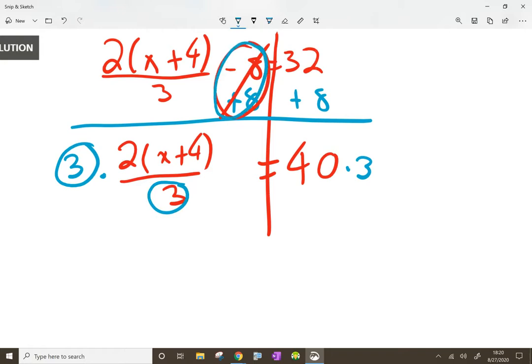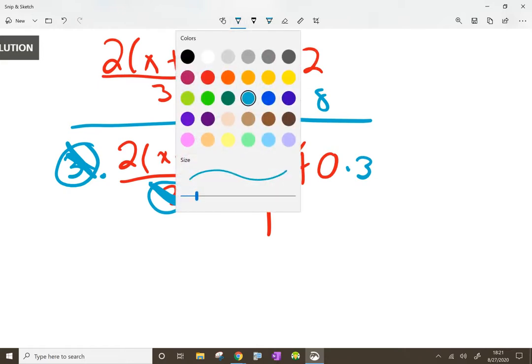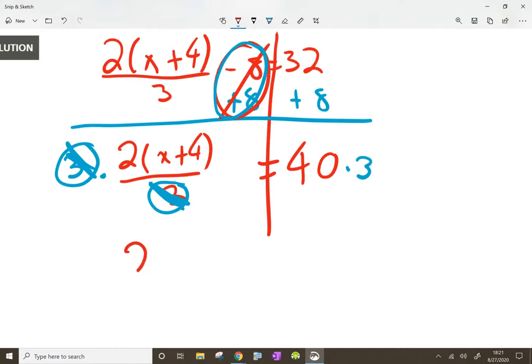The minus 8 and the plus 8 cancel each other out. So this 3 and this 3 are canceling each other out, because multiplying by 3 and dividing by 3 are opposites. So the 2 and the x plus 4 don't actually change. They will still be there, but that 3 part will have gone away because the 3 at the bottom is gone.